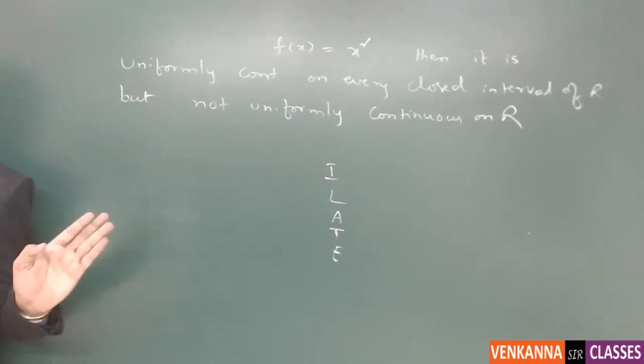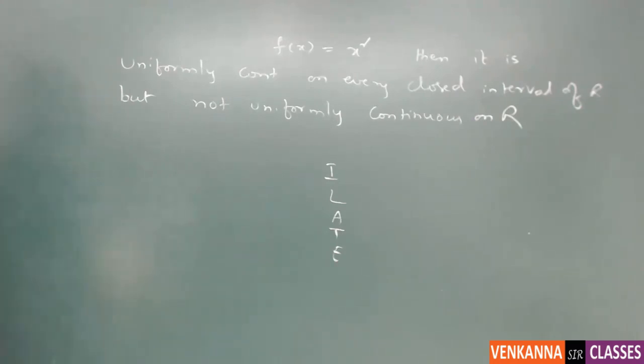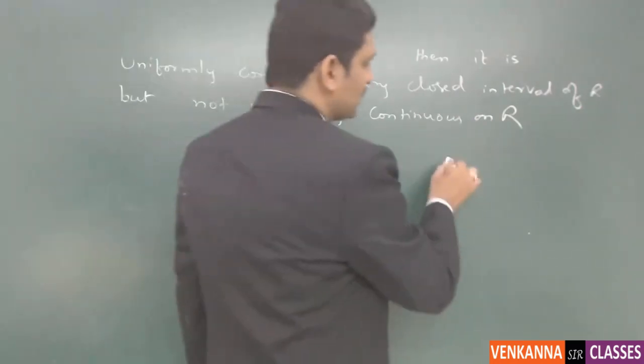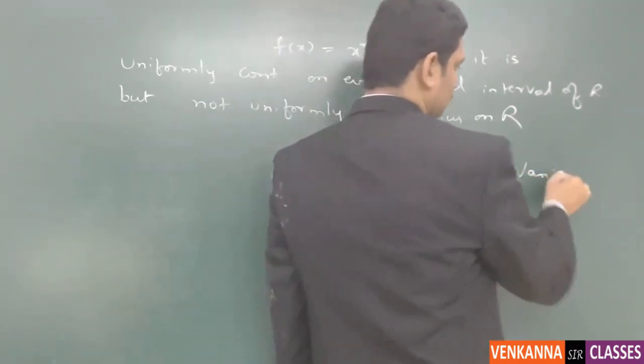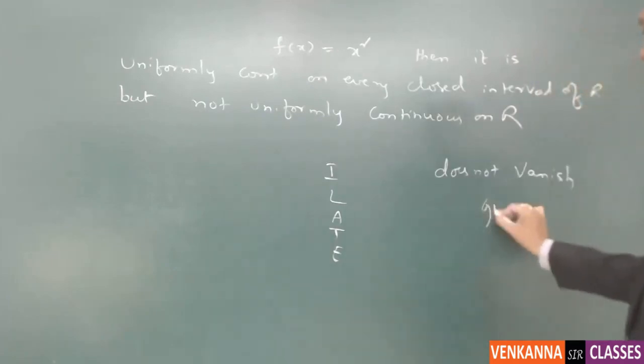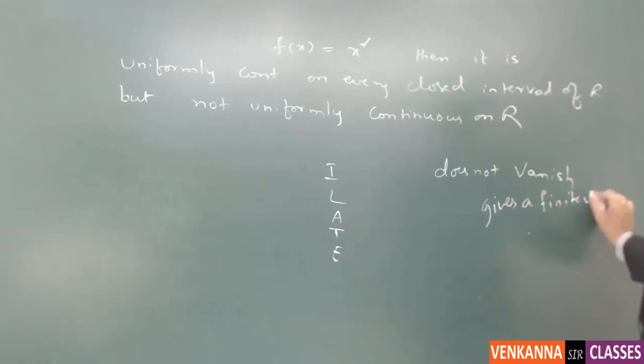In a closed interval, you are simply describing the nature of the function. It is enough if you are able to say that the function does not vanish and gives a finite value; that is enough to show that it is continuous.